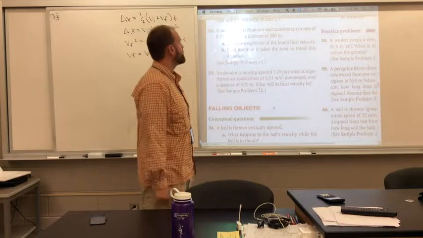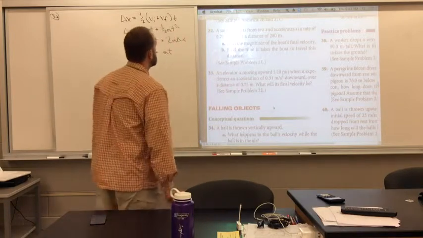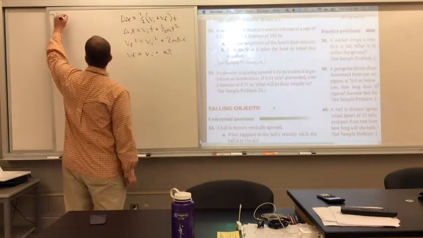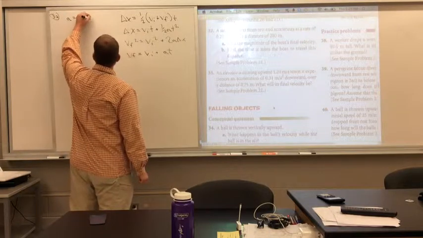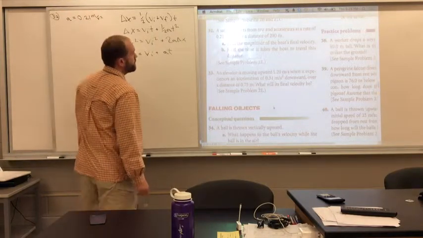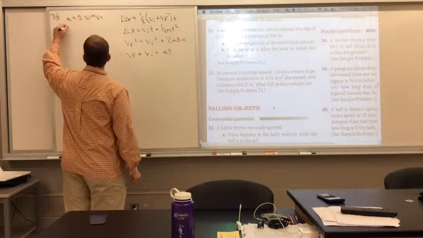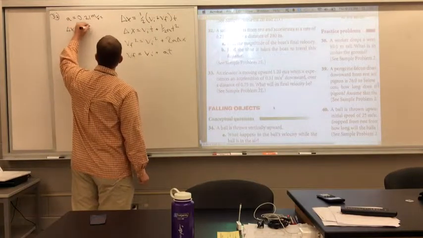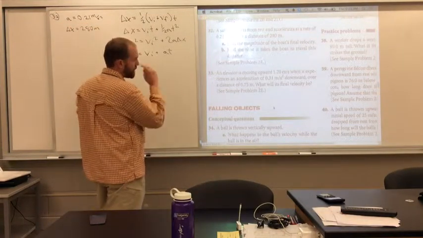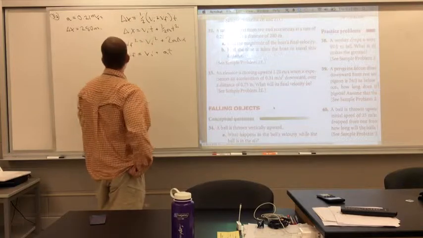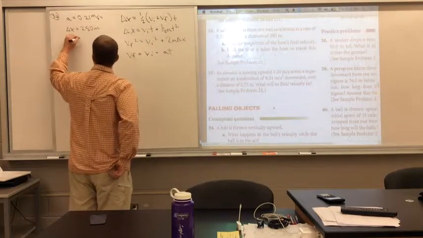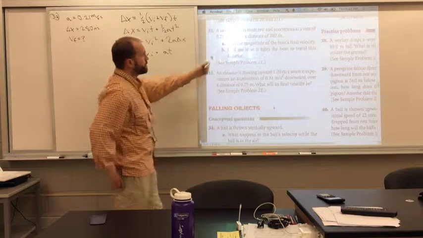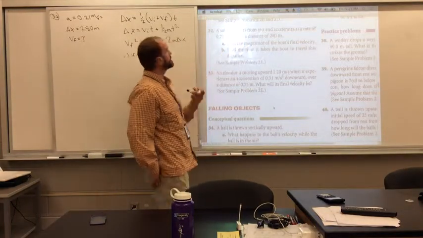Sailboat starts from rest, accelerates at a rate of 0.21 meters per second squared over a distance of 280 meters. Find the magnitude of the boat's final velocity. The final velocity. Oh, and one thing I forgot, it starts from rest.